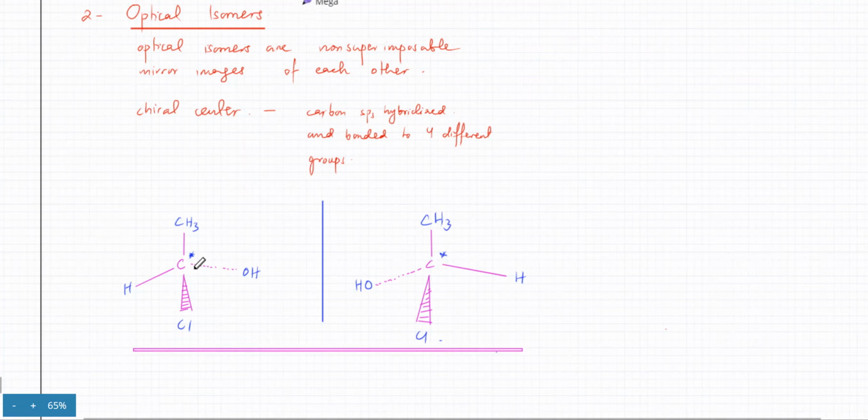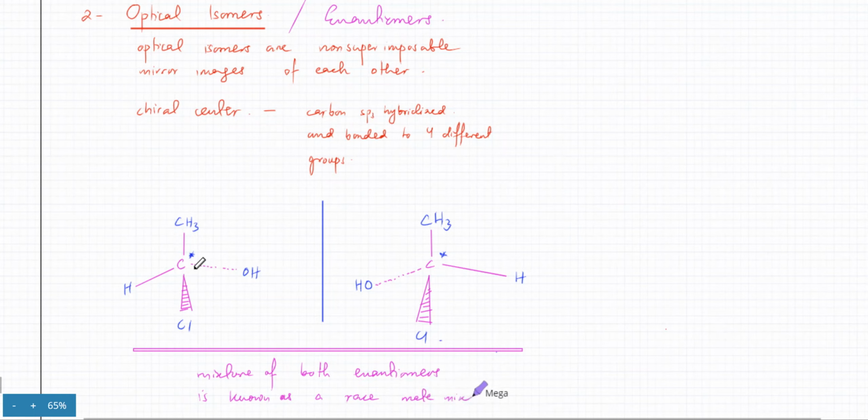So I'm just going to write that over there. They're known as enantiomers, and a mixture of both enantiomers is known as a racemate mixture.